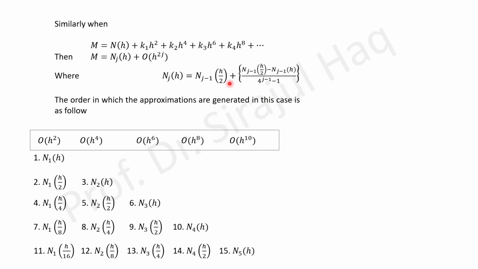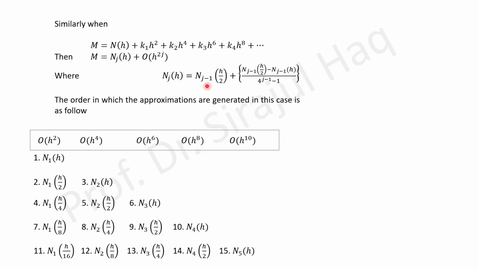Normally, remember this formula we are using when n of h is the midpoint formula. And you saw the 5-point midpoint formula you did, and similarly the 3-point midpoint formula you did. So if you do that expansion, in that expansion the power of h is varying by 2.